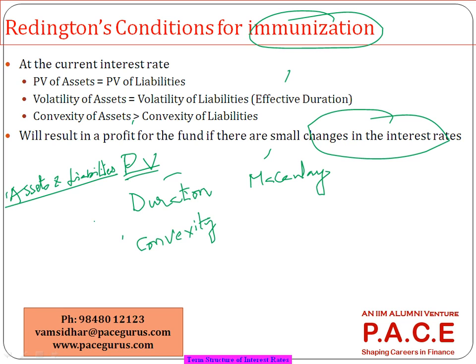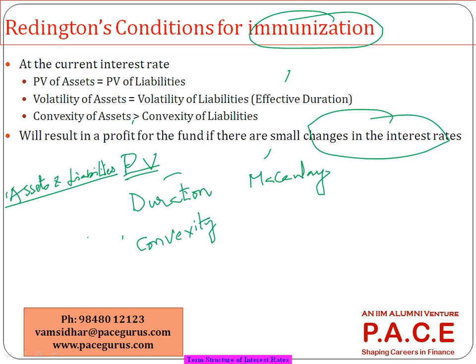Then the next layer, the durations of both assets as well as liabilities should be equal. Then you will not have any kind of risk associated. If the duration of the assets is matching with the duration of the liabilities, then also a change in the interest rate will not have a major impact on the portfolio.